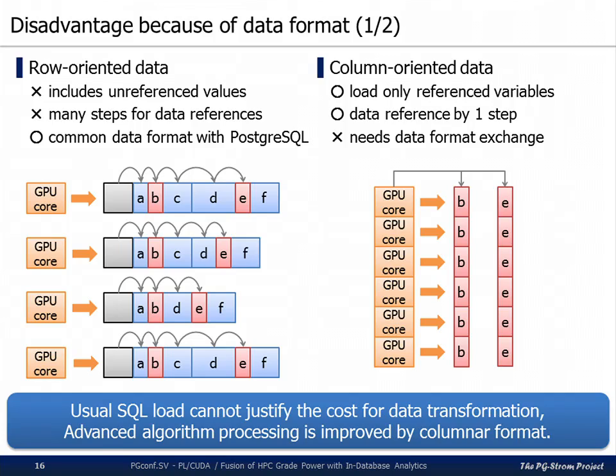And on the memory reference stage, the location of the data items is predictable. Each GPU core knows the location of the target data from the head of the array pointer and its own thread ID.